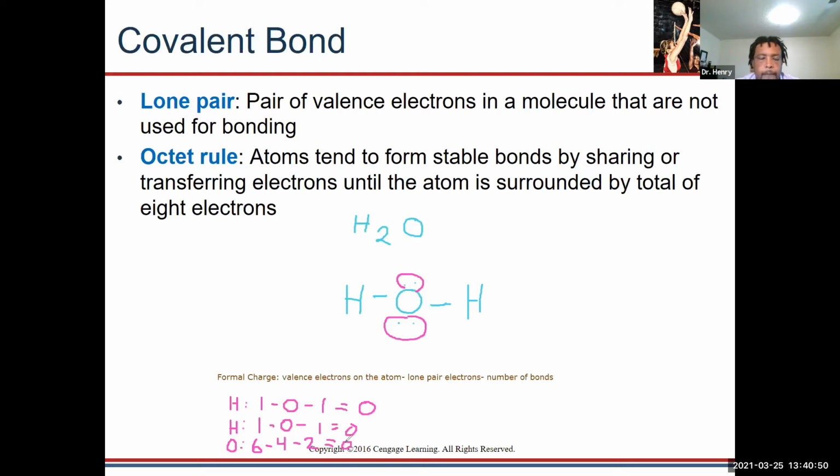Now, the thing about formal charges: when you're setting things up in terms of formal charges compared to the octet rule, there can be a distinction. In this case, it just happens to work out; the octet rule and the formal charge rule are the same.